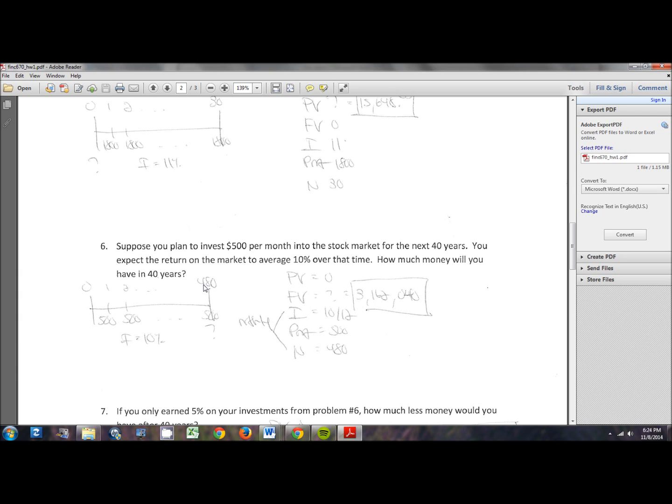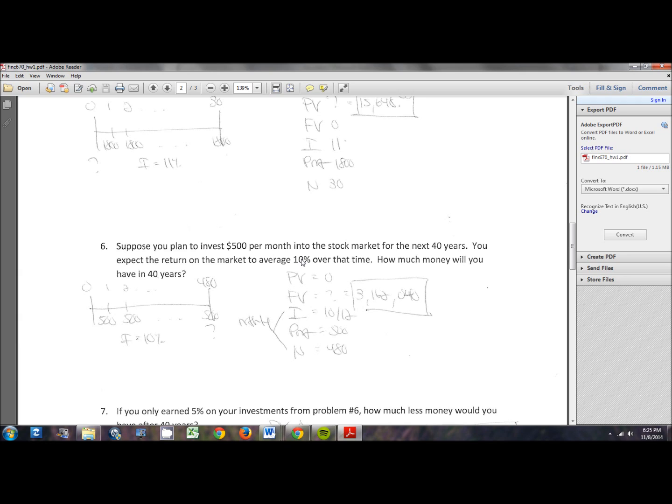You're contributing $500 a month every month, 480 months. You're going to earn a 10% return. Now, another important thing to remember, whenever you see an interest rate in a problem, even if it is not specifically stated this way, it is always assumed to be an annual number unless you are explicitly told otherwise.